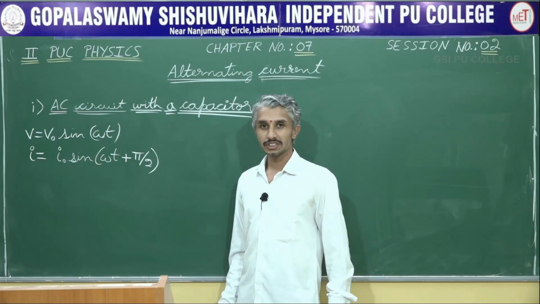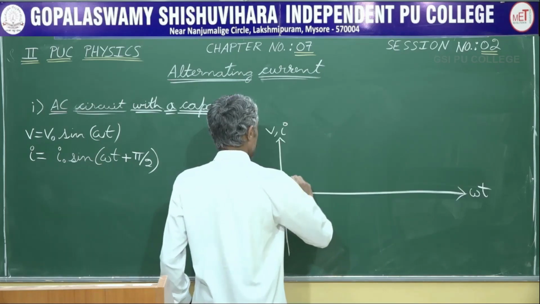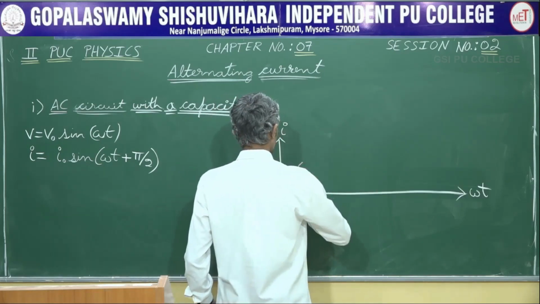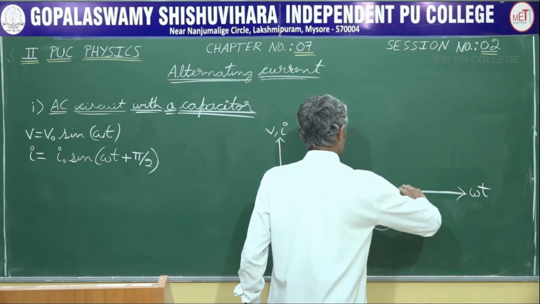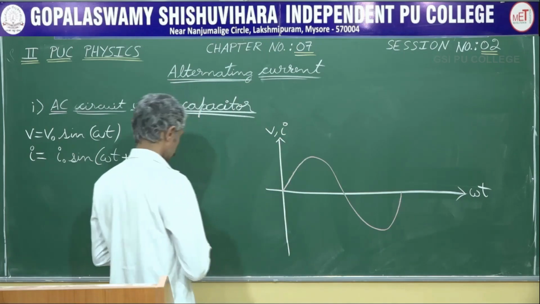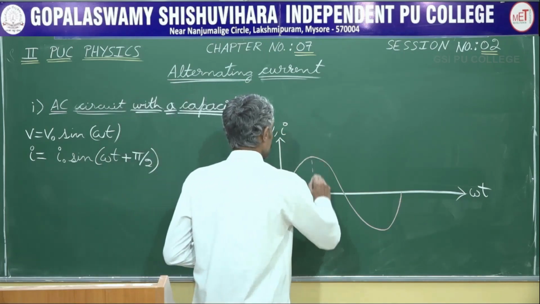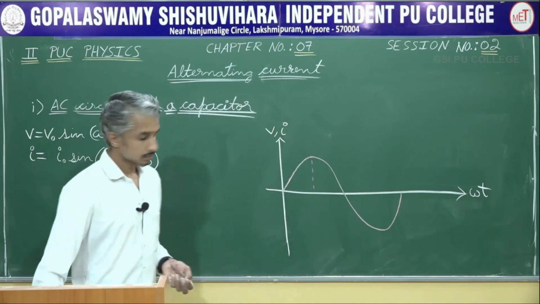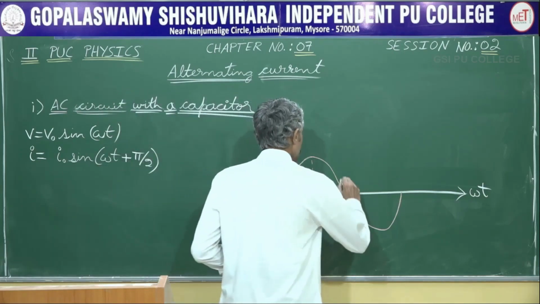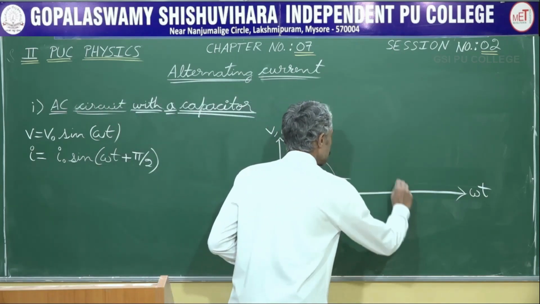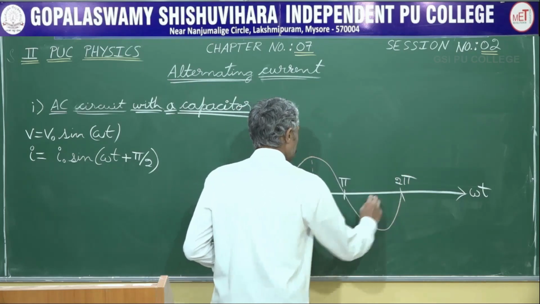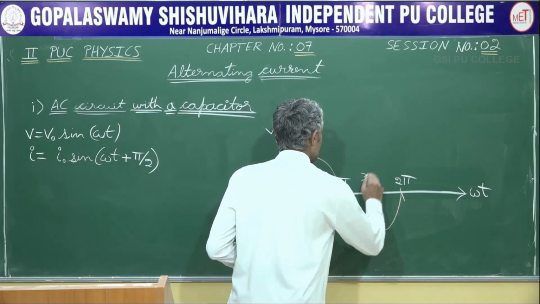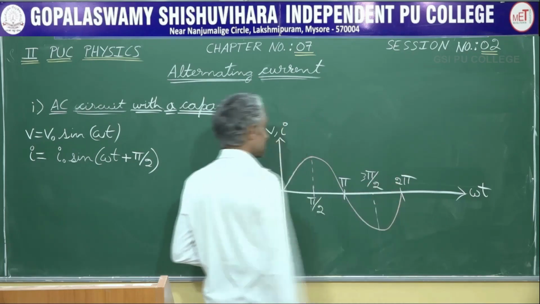So, now how do we represent it graphically? So, the voltage as usual, the sine wave. Here it is pi and 2 pi, pi by 2, and here it is 3 pi by 2.